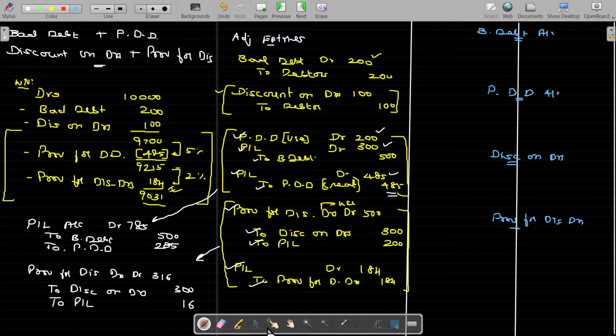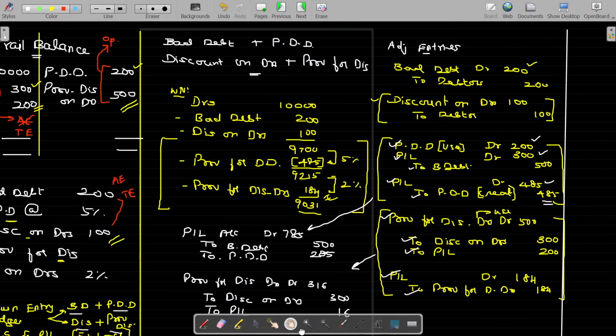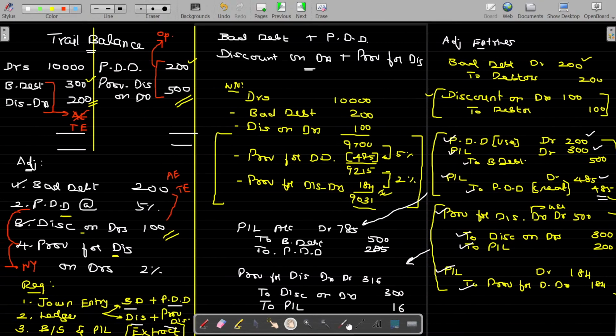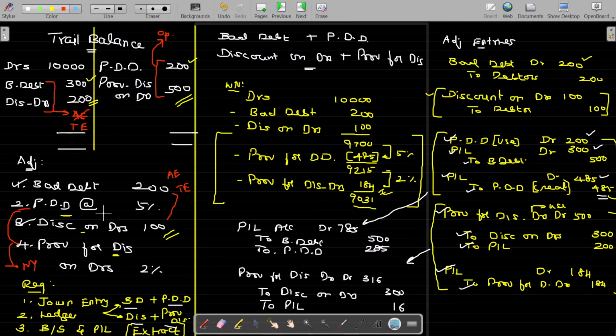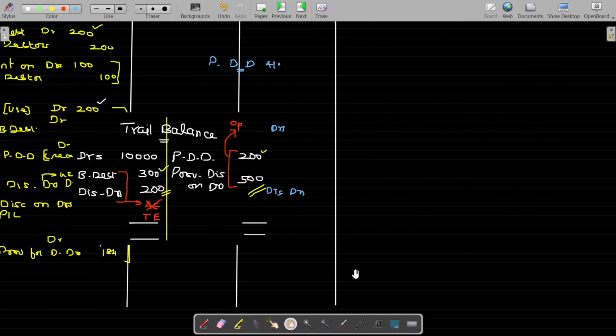What are the items that already exist in the trial balance? We have to post that first of all. For better understanding, I'll just keep it here.